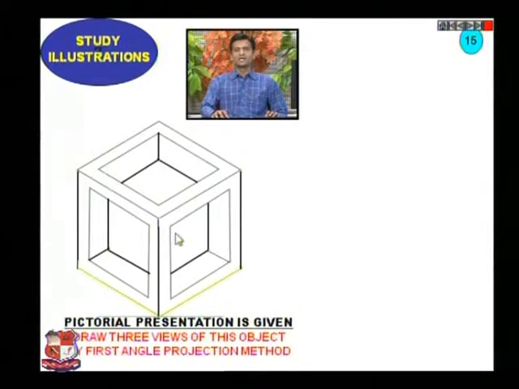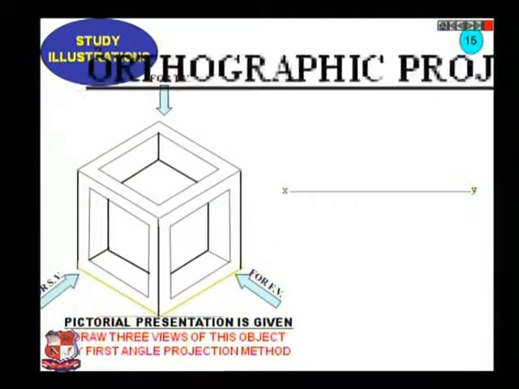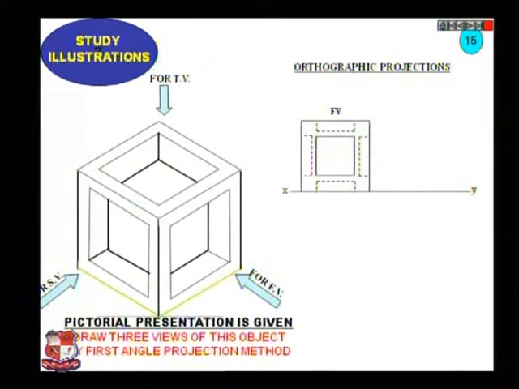Now this is one more problem in which all the views are identical. You can see here, if we draw its front view, this is the top view and this is the side view of this problem. Draw the XY line, orthographic projection, and this is the front view. In front view, this dotted line represents this cut portion which is not visible in front view.